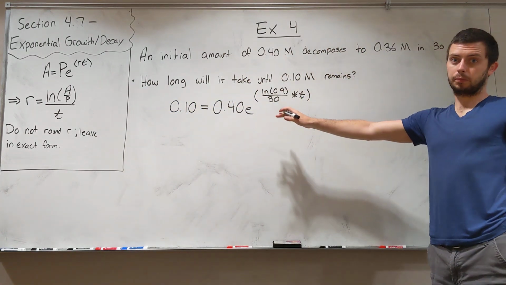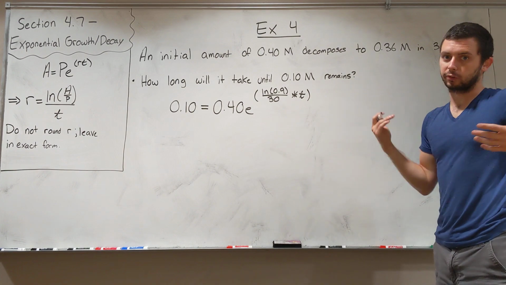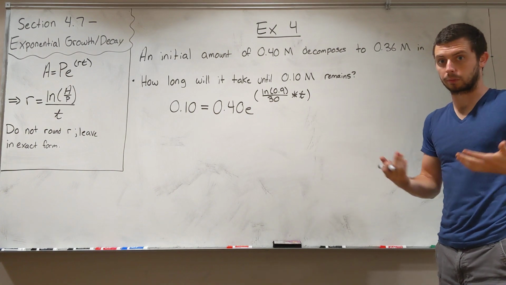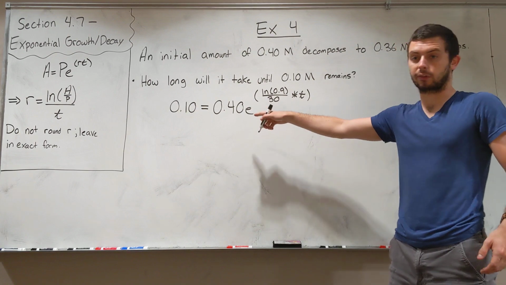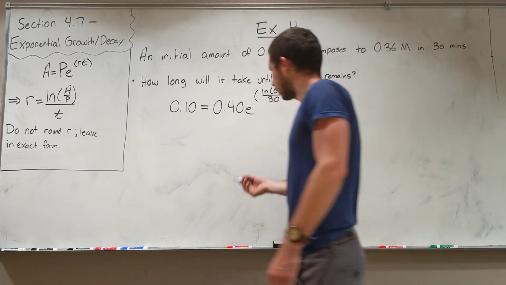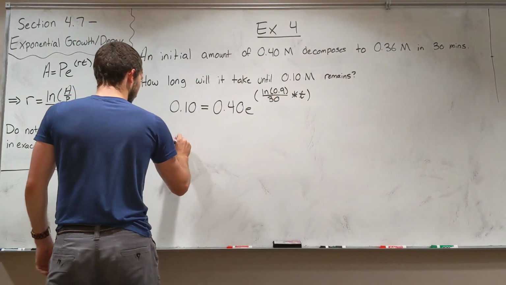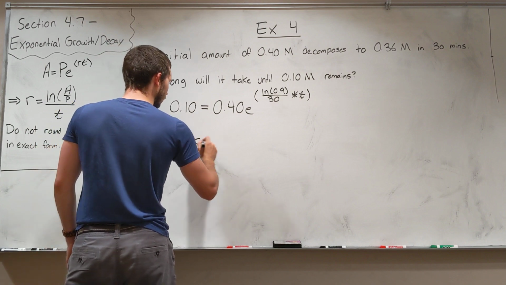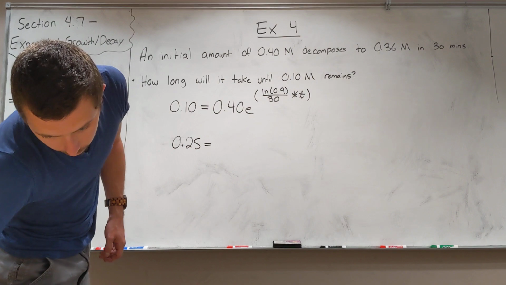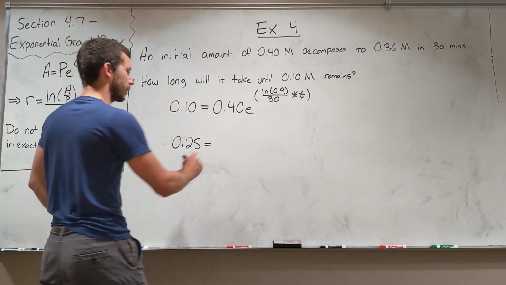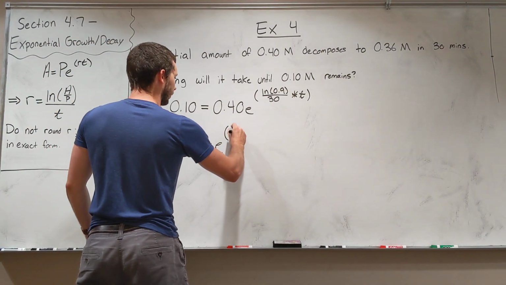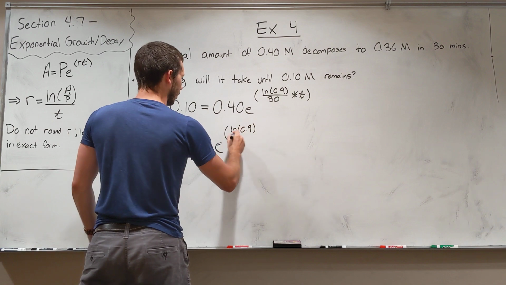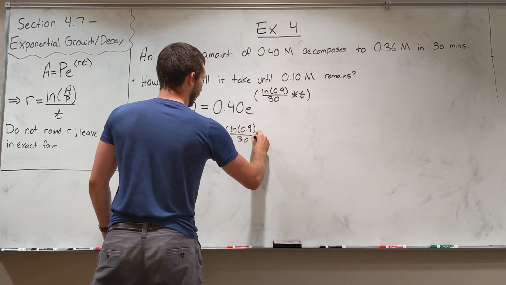Now we have to solve using the ways we've been using in the previous problems, dividing both sides by 0.40. That should give us 0.25 is equal to e raised to the natural log of 0.9 divided by 30 times t.